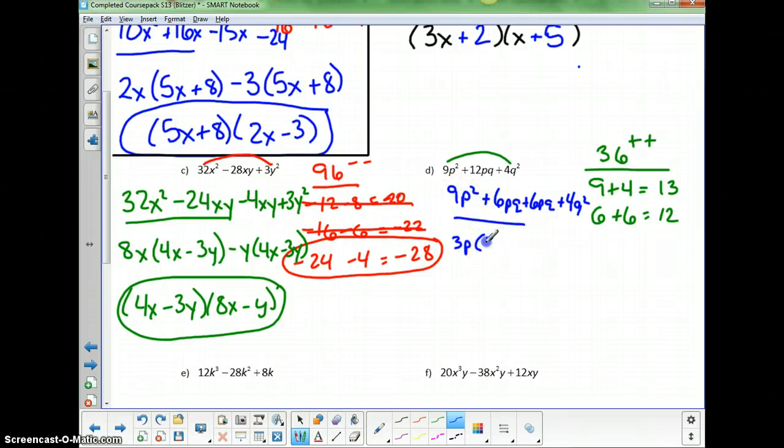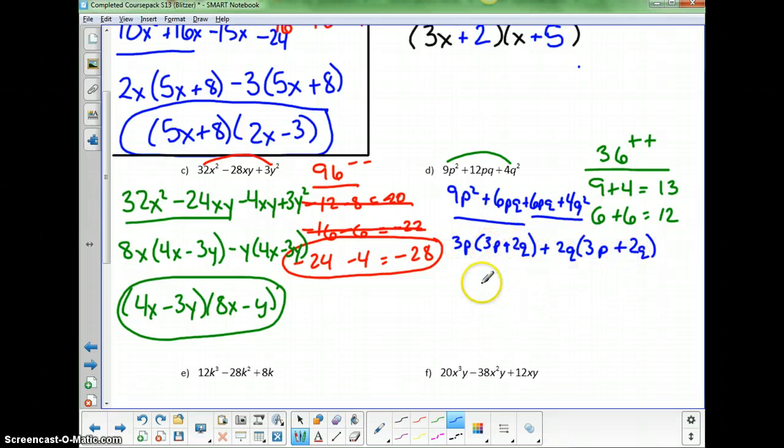Divide the 3 out of the first term, you're left with 3p. Divide the 3 out of the second term, you're left with 2q. Alright, in the second two terms, you can divide them both by 2 and q. So you take your 2q out, you're left with 6 divided by 2 is 3p. And 4q squared divided by 2q is 2q.